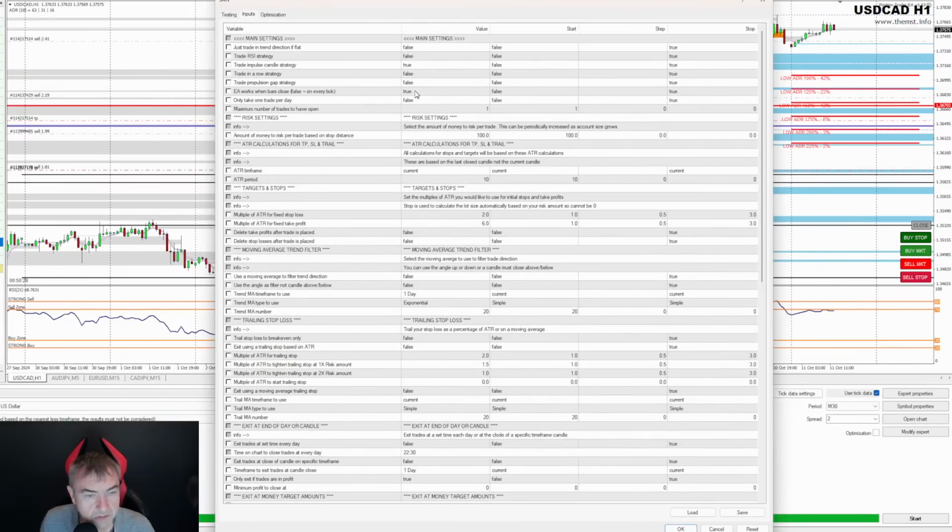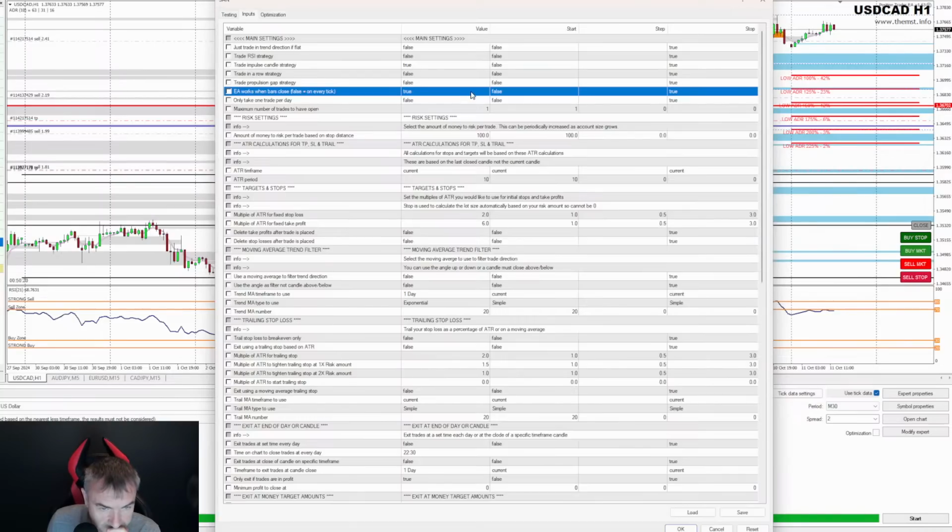Now, how is this working? The other thing I was testing with this, Harold, as well, this propulsion gap strategy, was working on bar close. So only taking exits and doing trading stops and things when the bar closes rather than on tick, which smooths the market out a little bit more.